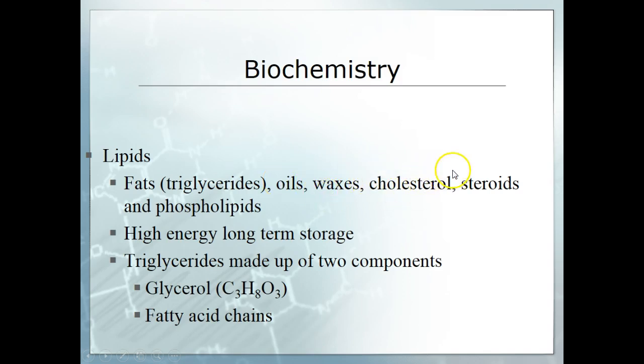Waxes, cholesterol, and steroids are the other types of triglyceride type lipids, and then you have phospholipids. So the two main classes of lipids would be triglycerides, which are fat, oil, waxy, cholesterol in nature, and then you have phospholipids, which are the molecules that make up all of the biological membranes. Okay, cell membranes of both prokaryotes and eukaryotes.